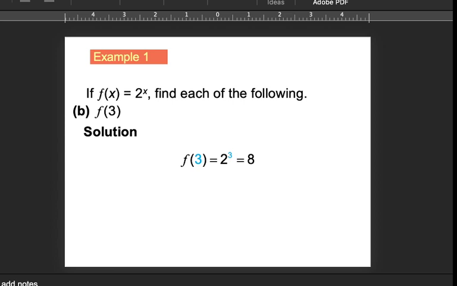But this is where I'm going to test you slightly. We're going back to the whiteboard, moving down, and now we have example 1c. f of x is still equal to 2 to the x, but now we evaluate f of 5/2. In other words, we have 2 raised to the 5/2 power.